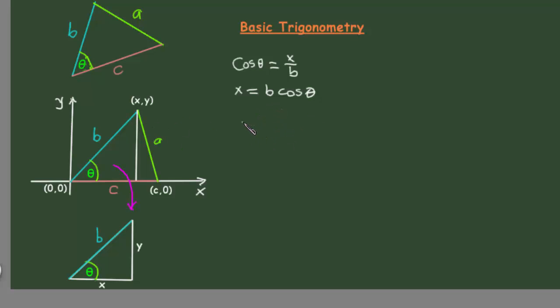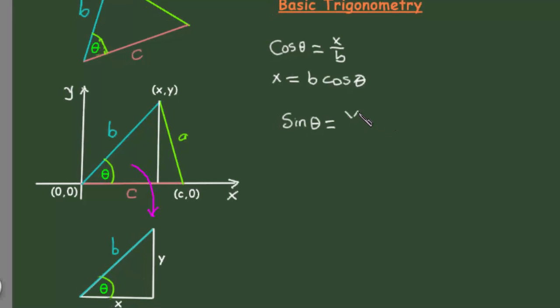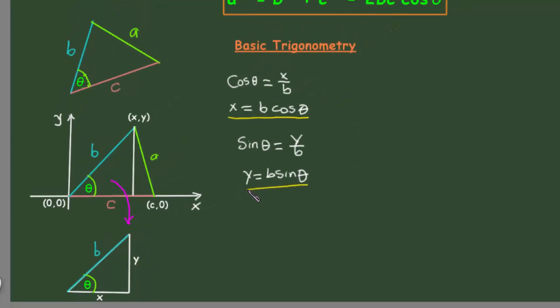And we also know by definition that the sine of theta equals y over the hypotenuse, over b. And by multiplying both sides by b, we have y equals b sine of theta. So this point we're looking for has the coordinates x equals b cosine of theta, and y equals b sine of theta.